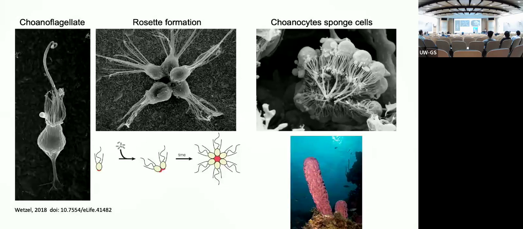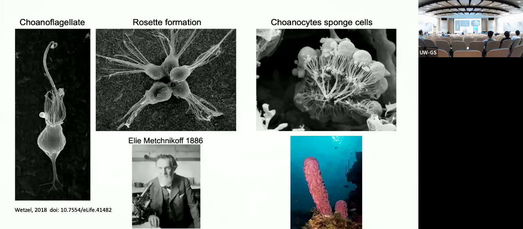I think it's quite astonishing, the similarities between the appearance of this organism and the cells that line the sponge. And it turns out that back in 1886, Eli Mershchenkopf, this Russian developmental biologist, came up with this theory that choanoflagellates were the relatives or cousins to all existing animals.